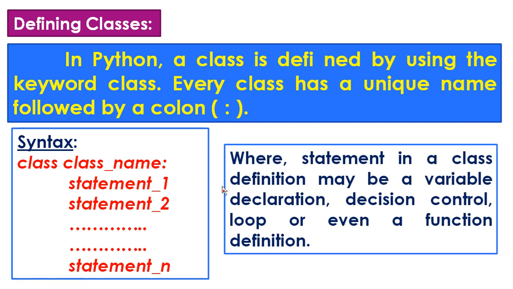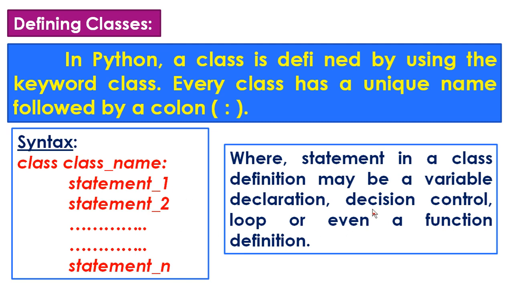Here the statements in the class definition may be a variable declaration or decision control, such as if a greater than b, if a less than b. Variable declaration, such as a equal to 10, b equal to 5.